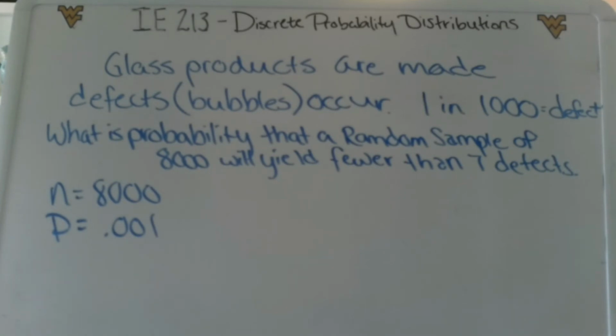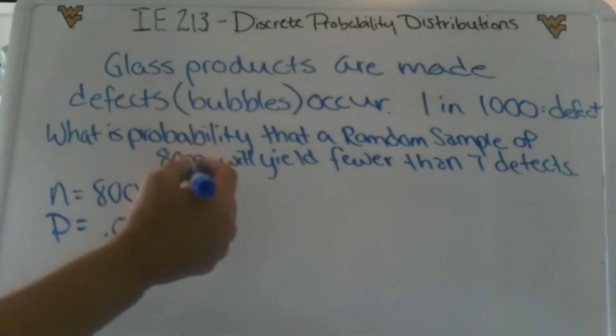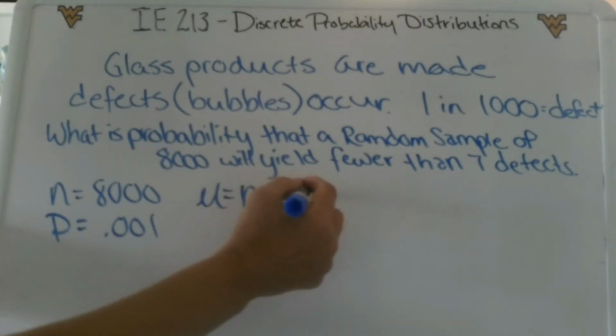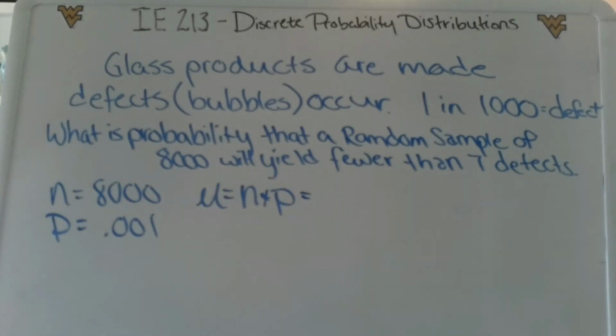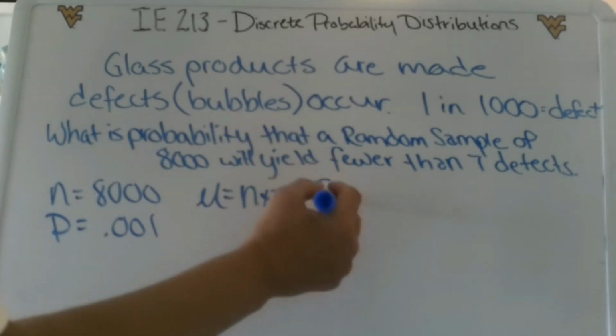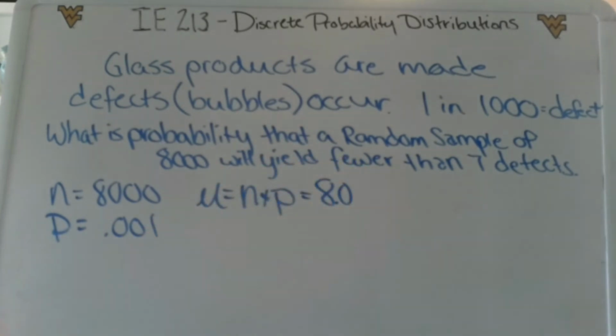So our mu, in this case, is equal to n times p for our binomial, and that is equal to 8. So we will use 8 as our mu, which is equivalent to our lambda t. So we're going to our Poisson table, where there is column 8.00, and we're looking for the probability that it's yielding fewer than 7 defects.